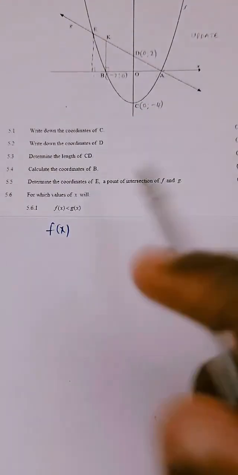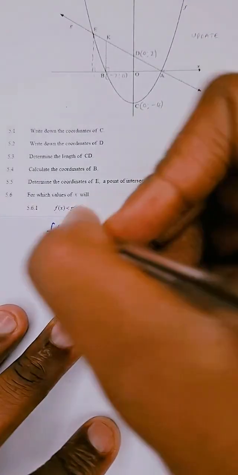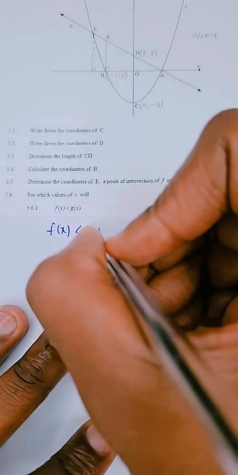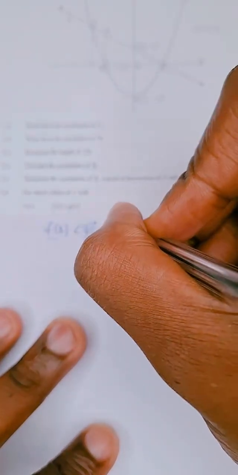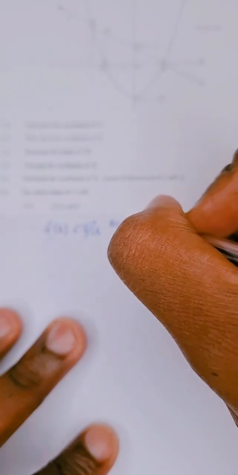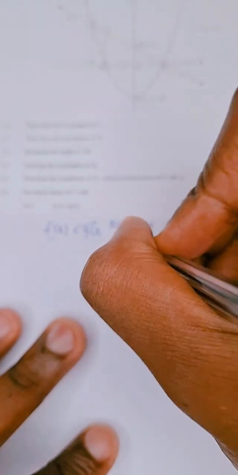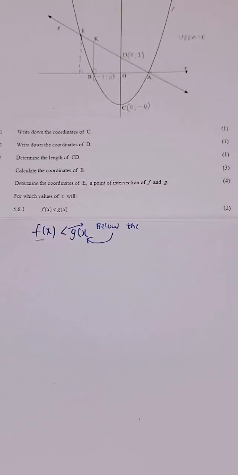So what do they want as they are comparing the two functions? They want the values of x for which f of x is less than g of x. What does this mean? They want us to find out where the parabola is below the straight line.